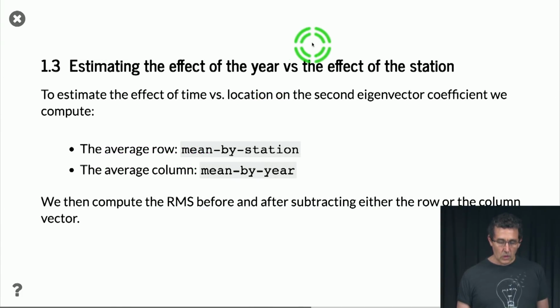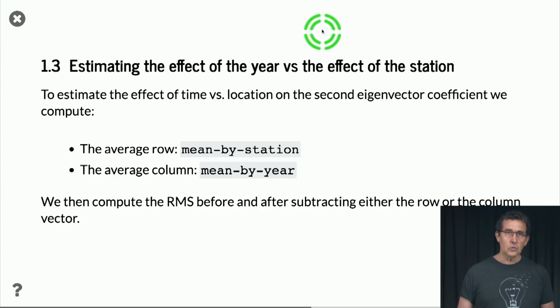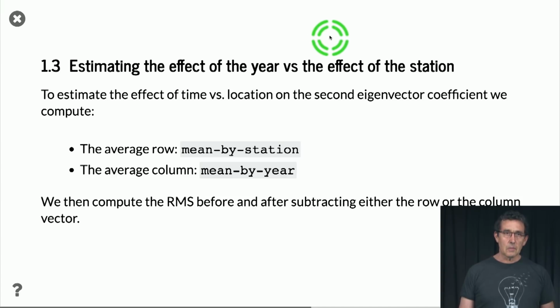Now we want to estimate the effect of year versus the effect of station. We're going to do it by taking the mean over the stations, over the columns. That would give us, for each year, an average. If we average over the columns, it would give us a mean by year.